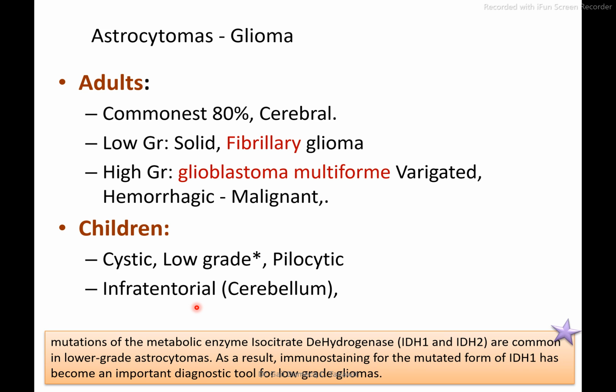Children can have cystic low-grade astrocytoma, and we call that in particular pilocytic astrocytoma. Okay, kung adults, supratentorial, pag kids, infratentorial, located in the cerebellum. So the mutation is due to the IDH1, IDH2, which are common in low-grade astrocytoma.